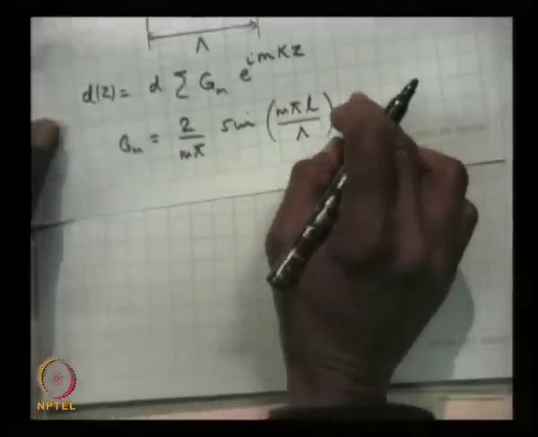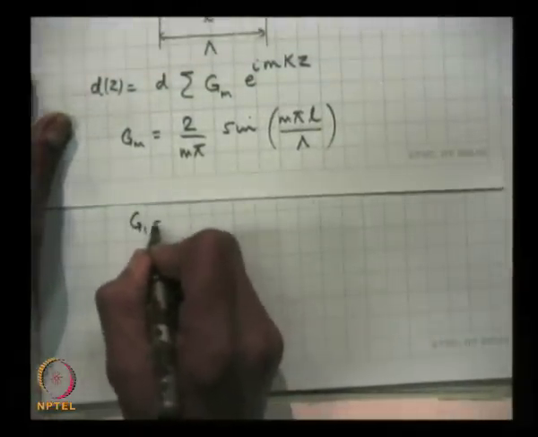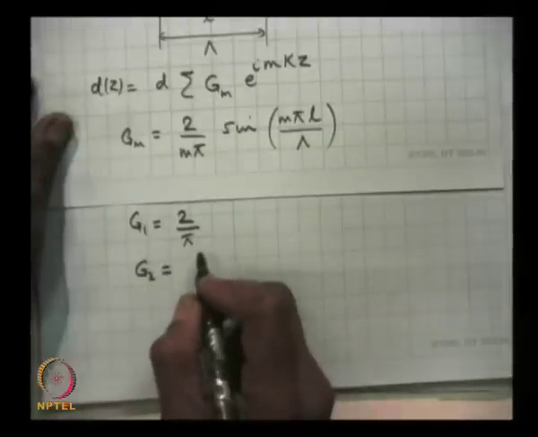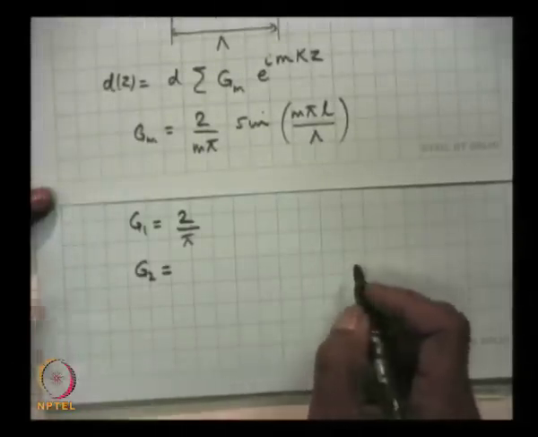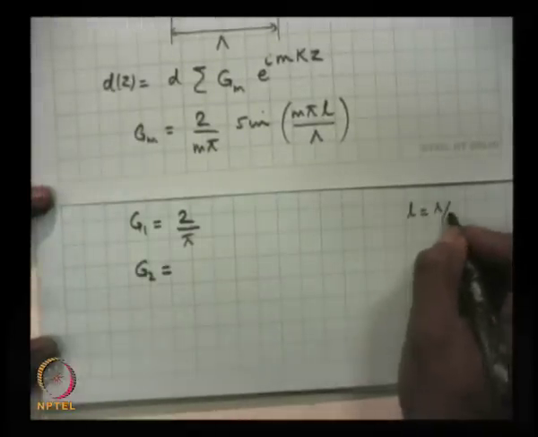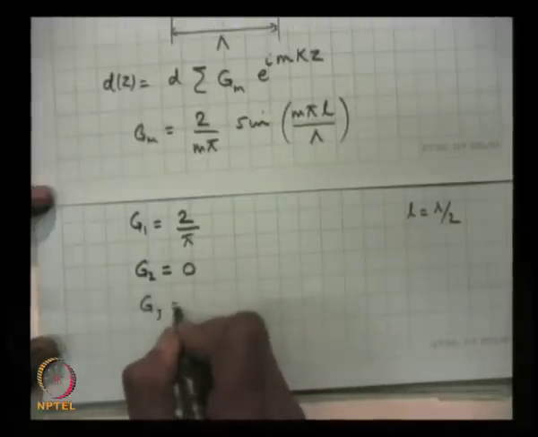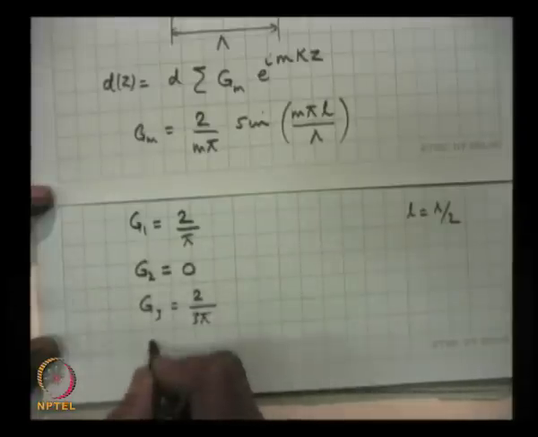What is the value of G2? So let me write here, G1 is equal to 2 by pi, G2 will be, yes, G3, all even coefficients will be 0.